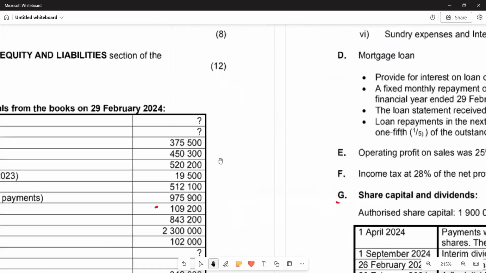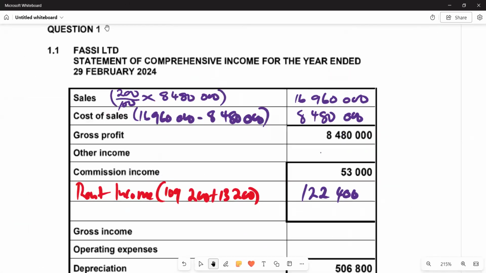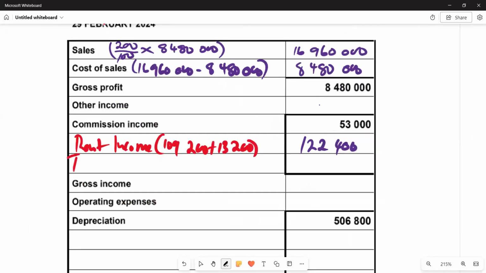So we come to the other section, and we say trading stock surplus. And then we summarize the working, whereby we say 450,300, then we subtract 468,200. And then the answer that we're supposed to get is a surplus figure of 17,900.